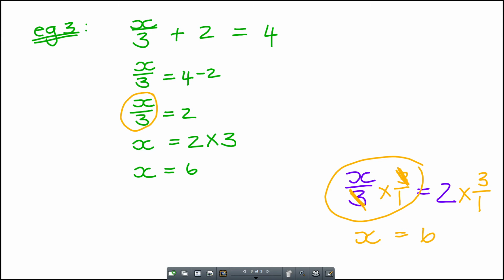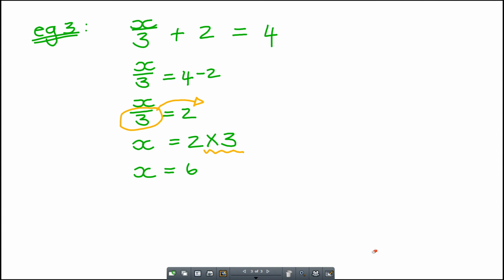So I want to get rid of that 3 at the bottom. And because that's divided by 3, if I take the divided by 3 over, it becomes times 3. That's fine? Any other questions here? Okay. Can I skip?